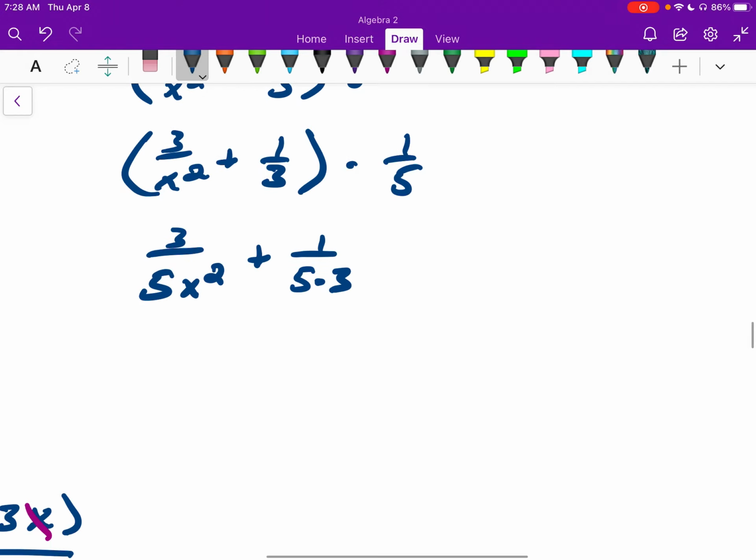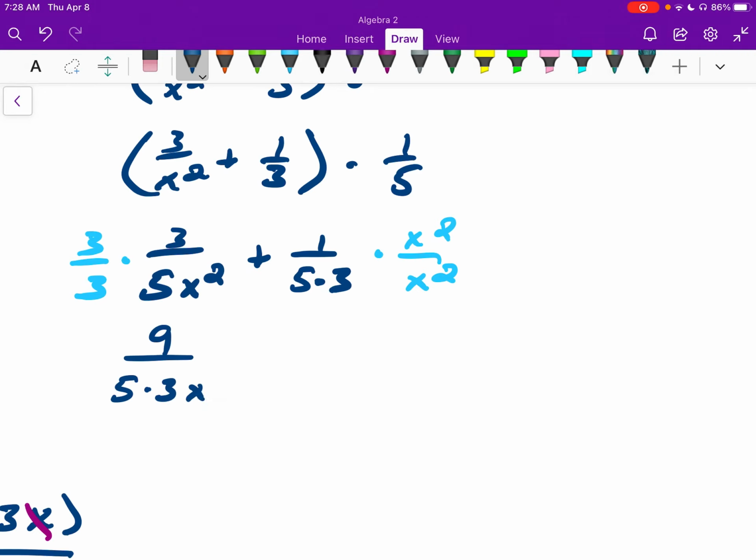Now, to get, what is this called? Common denominators, the right side needs an x squared, and the left side needs a 3. Our fractions now turn into 9 over, this would be 5 times 3x squared plus x squared over 5 times 3x squared.